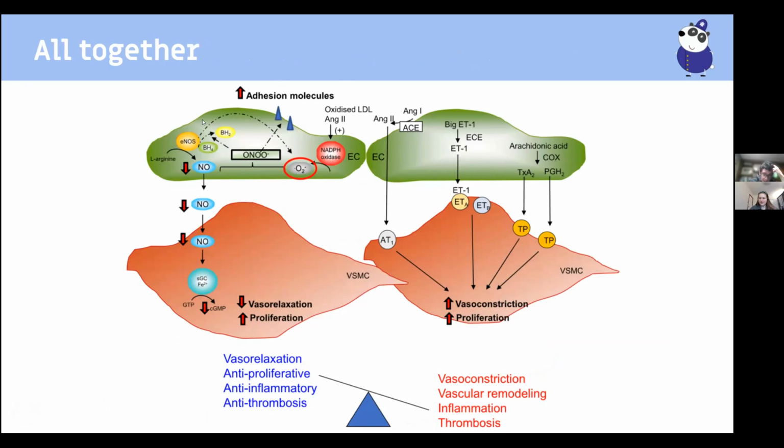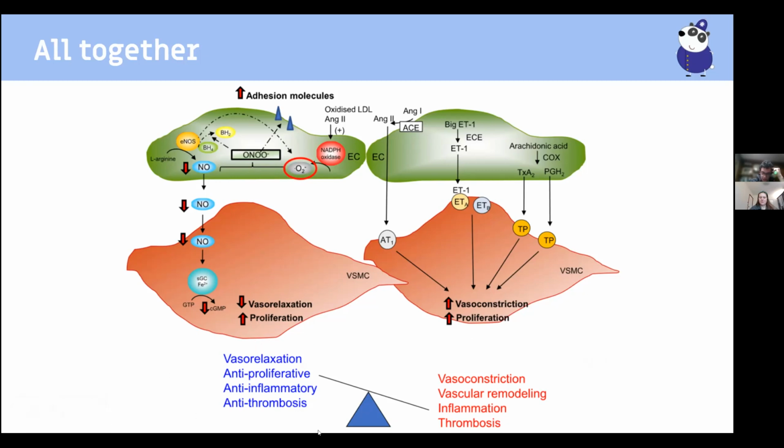On this side, you have our eNOS enzyme converting L-arginine to nitric oxide, which contributes to vasorelaxation. Importantly, reactive oxygen species can interfere with this nitric oxide release and decrease nitric oxide bioavailability, and as a result you have reduced vasorelaxation.